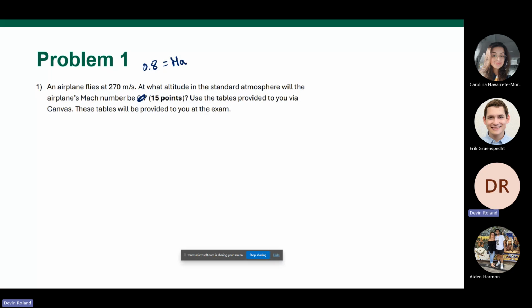So that is a correction there. Mach number is 0.8, and we're going to use the tables provided on Canvas to solve this. Dr. Vassal said there will be a formula sheet and tables provided during the exam, so you'll have those whenever the exam is.